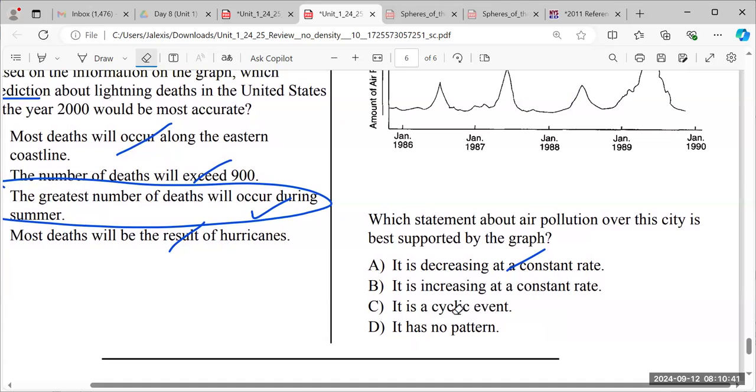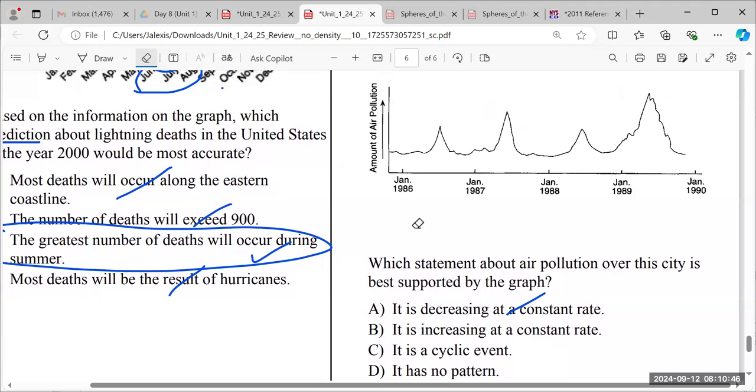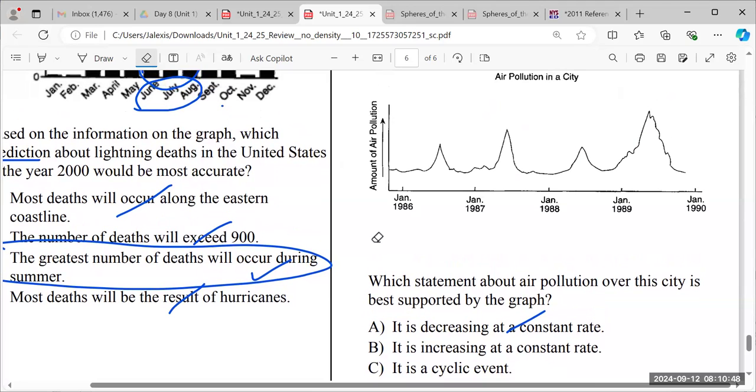Now C, it has a cyclic event. I have to ask myself, a cyclic event means that I see peaks, right? I see a repeated pattern. Well, let's see what pattern I see. I see a peak in the middle of the year, where it gets to its highest point.